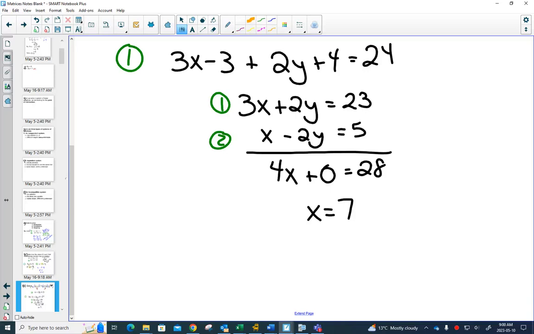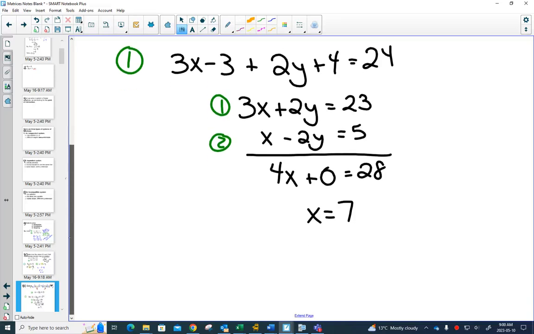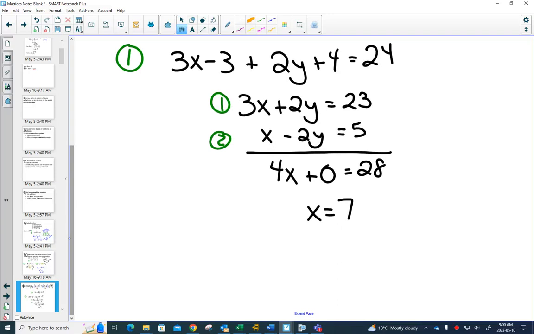Once we find x is equal to 7, we can plug that into either equation 1 or equation 2. I would probably plug it into equation 2.